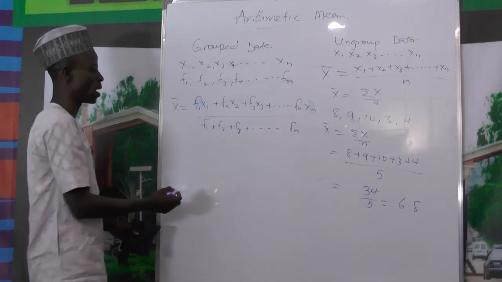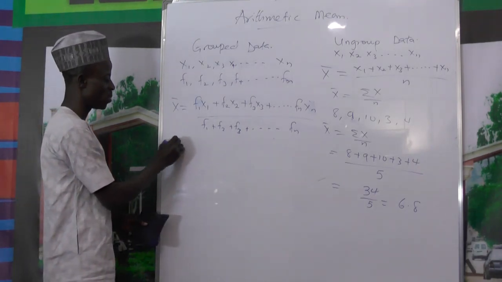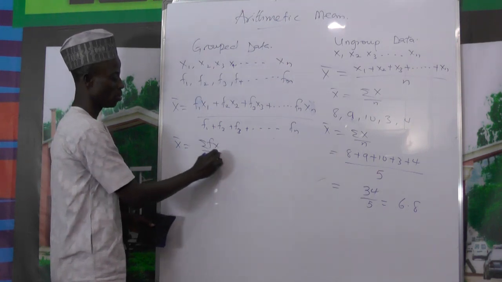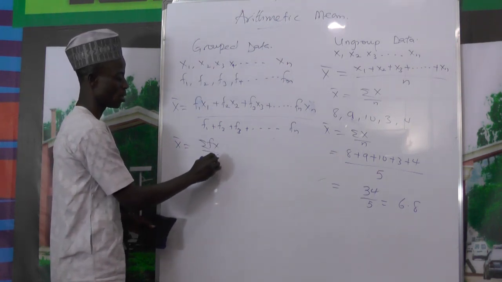This can be summarized as x bar equals the sum of fx all over the sum of f.